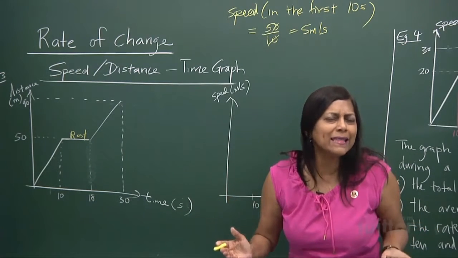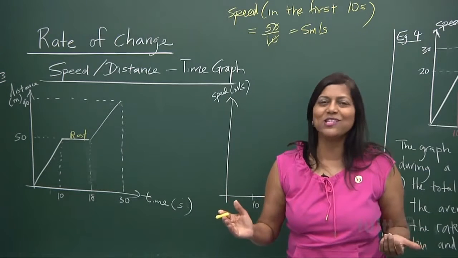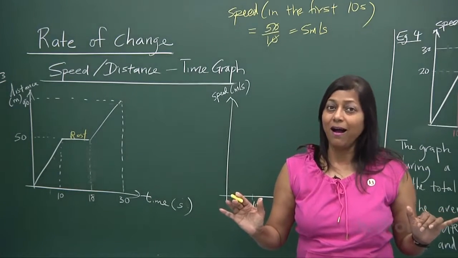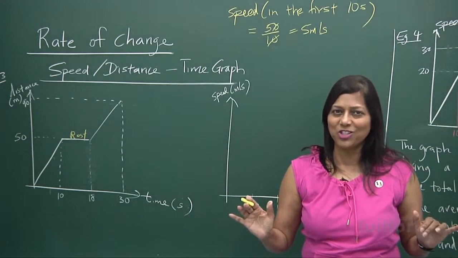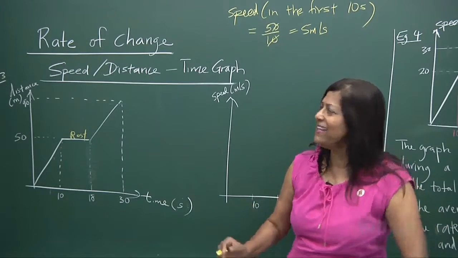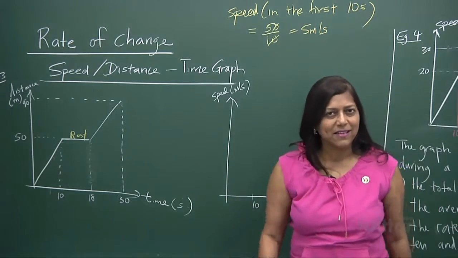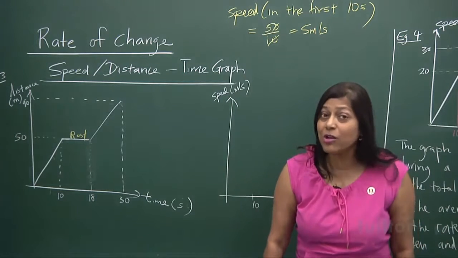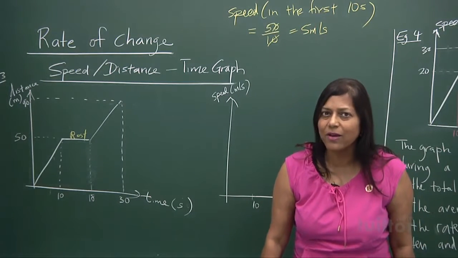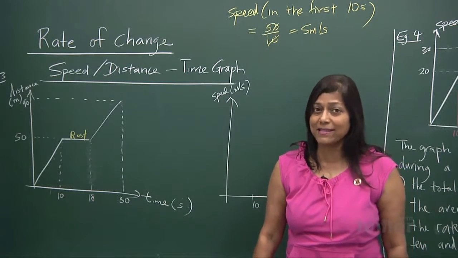If I ask you for the 8th second, what's the distance traveled? Simple logic. In 1 second, you travel 5 meters. In 8 seconds, you travel 8 times 5, which is 40 meters. Excellent.